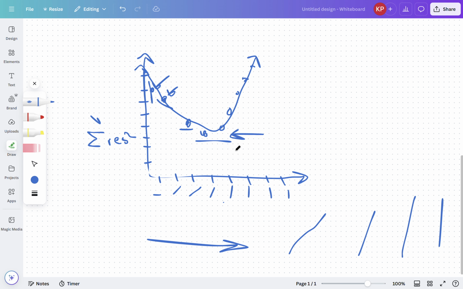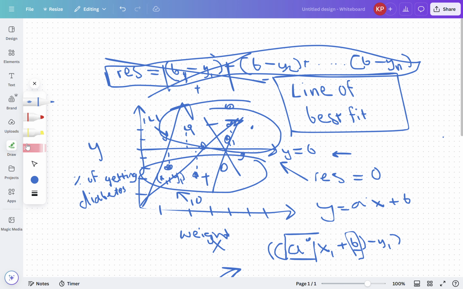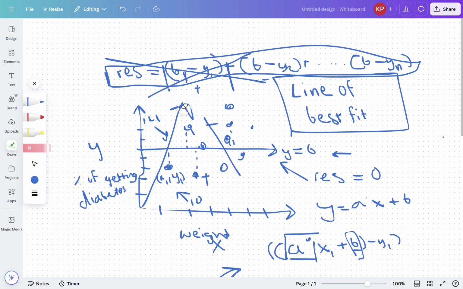Whichever point has a slope equal to 0 is the best fit for this model. So let's see right here. That means it's this. If we were to clear everything out, we would say this line is the best fit.